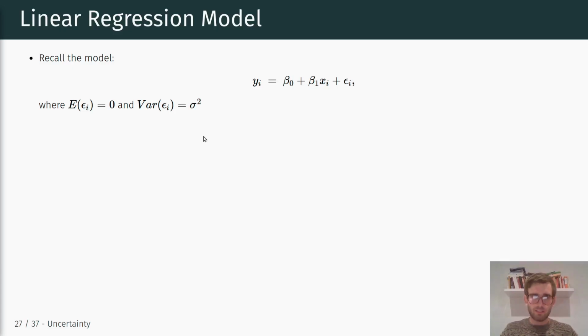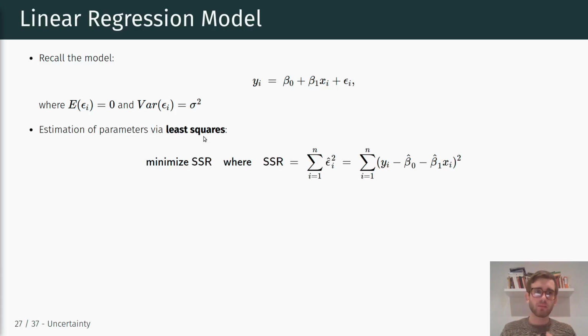So based on that model for the data generating process, we can estimate the parameters beta 0 and beta 1 using least squares.